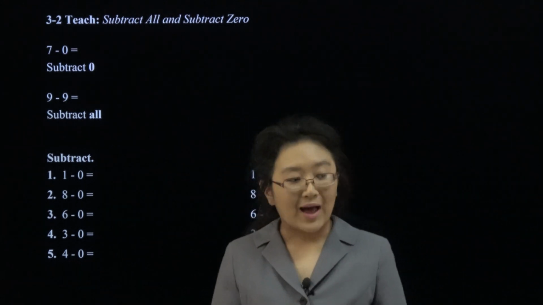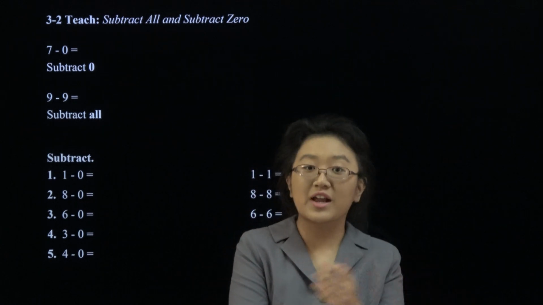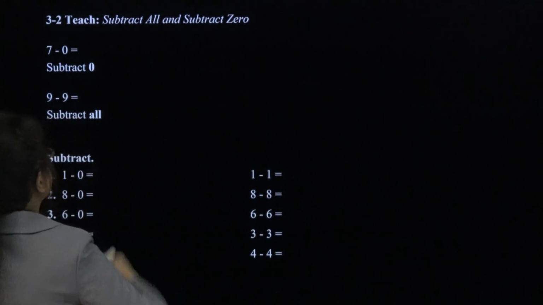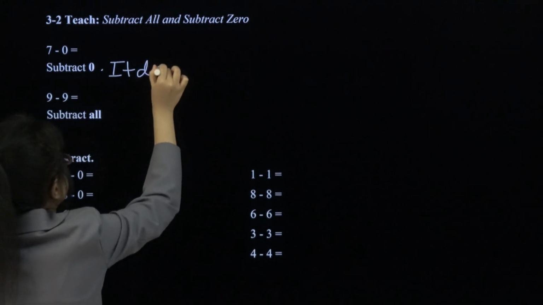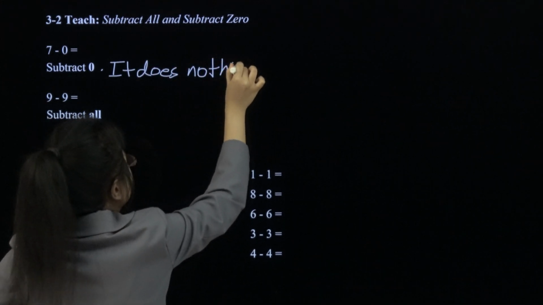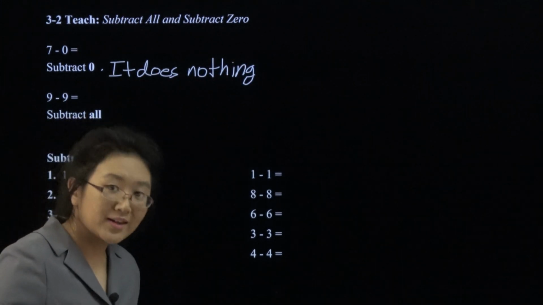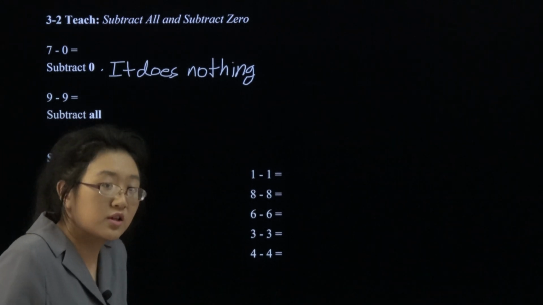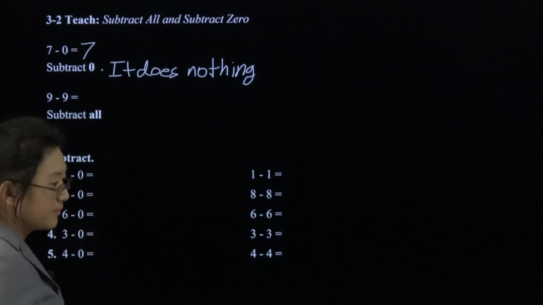You have 7 cherries and you eat none of them. When you subtract 0, it does nothing. Because since subtracting is taking away and you're not taking away anything, it's going to still be the same. 7 minus 0 equals 7.